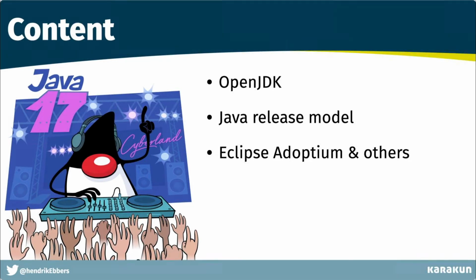And afterwards, we will have a look at distributions, at Java runtimes that are based on the OpenJDK. And here I would like to concentrate on the one where I work on, which is Eclipse Adoptium. But I will give an overview of some others and differences too.